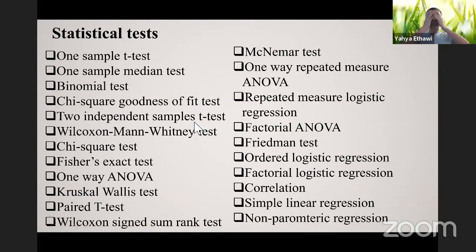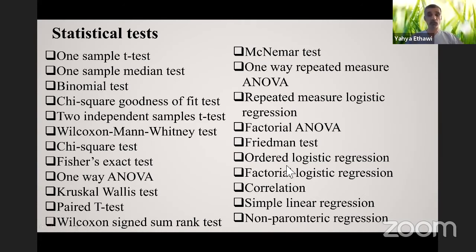So what are the tests that we use for probability or quantitative data? There are many. You can see these are examples of some. We have the one sample t-test, one sample median test, binomial test, chi-square, which I think some of you have heard about, chi-square goodness of fit test, two independent sample t-test or Student's t-test, Wilcoxon, Mann-Whitney test, and so on, chi-square test, Fisher test, ANOVA, analysis of variance, and so on.